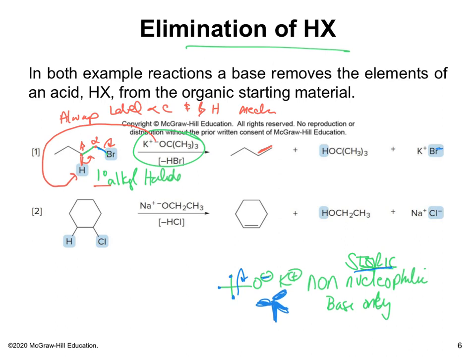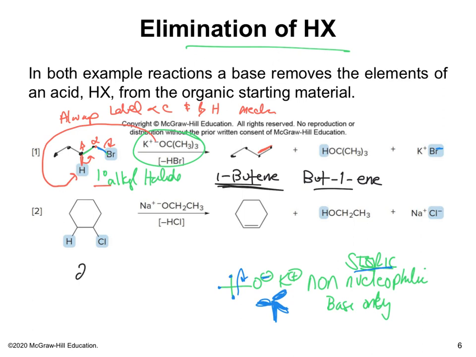And so count your carbons. You have 1, 2, 3, 4. This makes 1-butene. And newer ways put the 1 in the middle of the name. This is old school. This is new school.